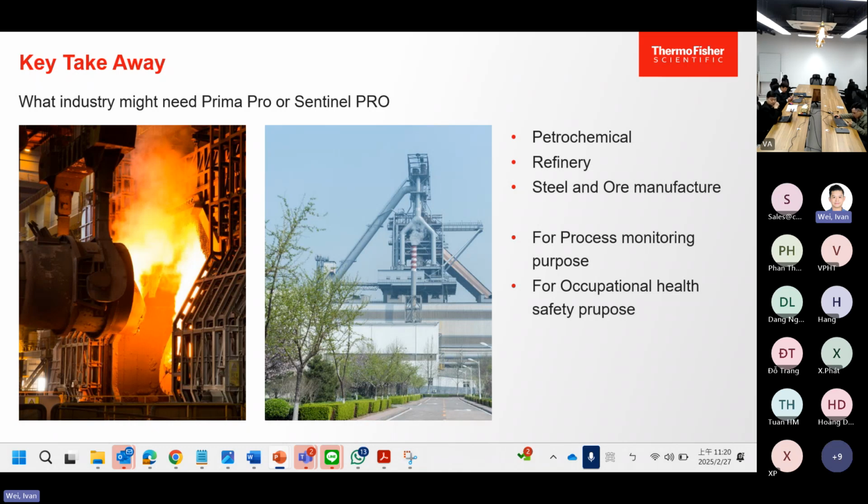What are some applications where we might be able to sell these mass spectrometers, Prima Pro, Prima BT, or Sentinel Pro, to customers? The takeaway is that some industries might need our Prima Pro or Sentinel Pro: first petrochemicals, second refineries, third steel or ore manufacturers. What do they need these solutions for? They are doing process monitoring or occupational safety and health.